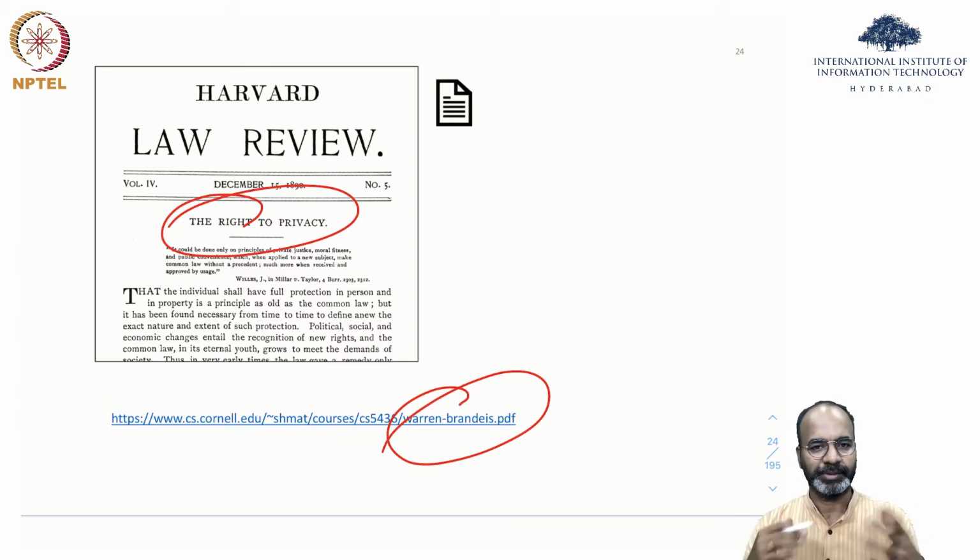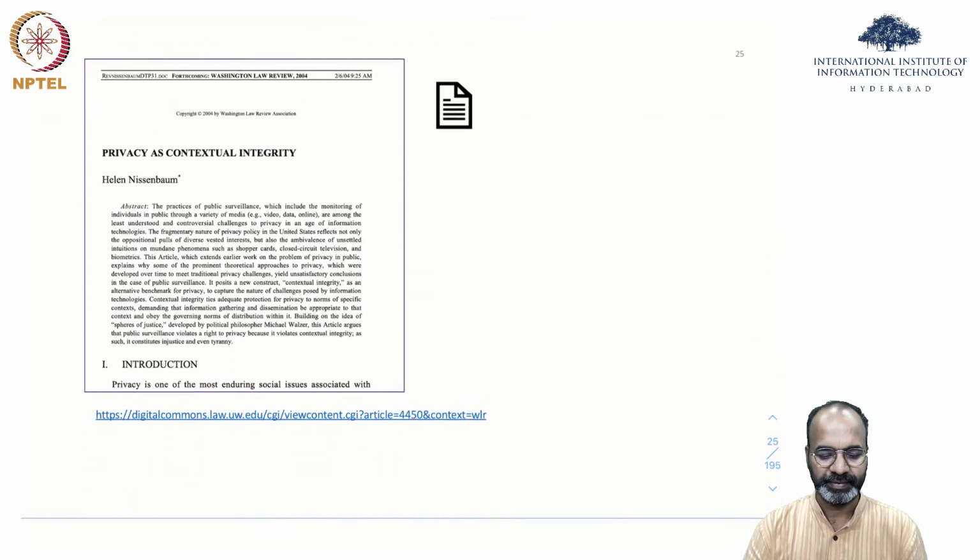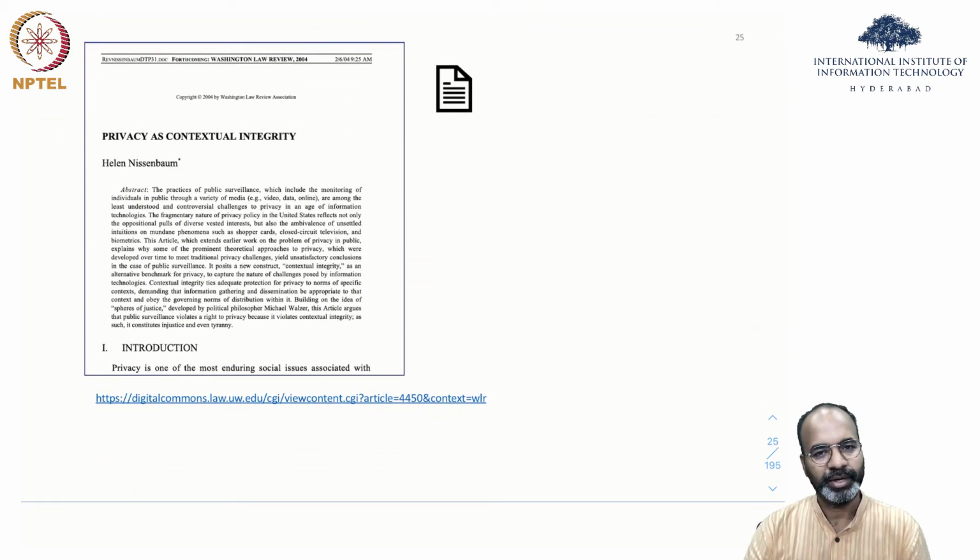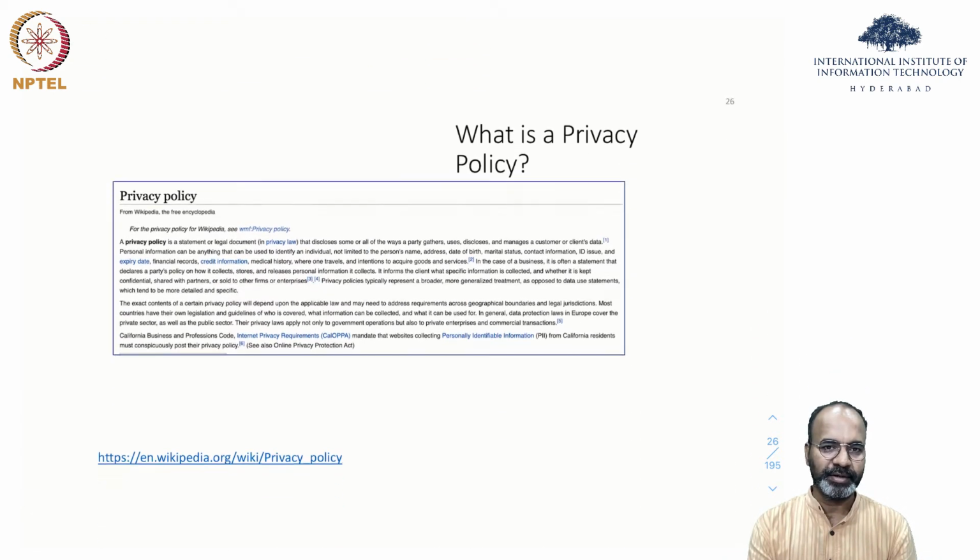The first ever document which talks about the need for privacy and argues why privacy is necessary, in what context and everything. Then we looked at Helen's report on contextual integrity, which says privacy cannot be thought of in the abstract. Privacy has to be thought of only within a context. So let's bring the context into the definition whenever privacy is being discussed.